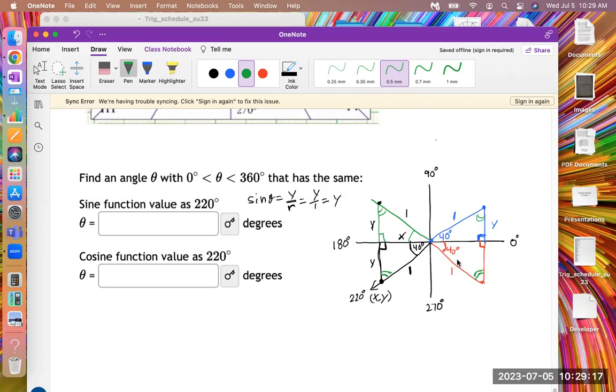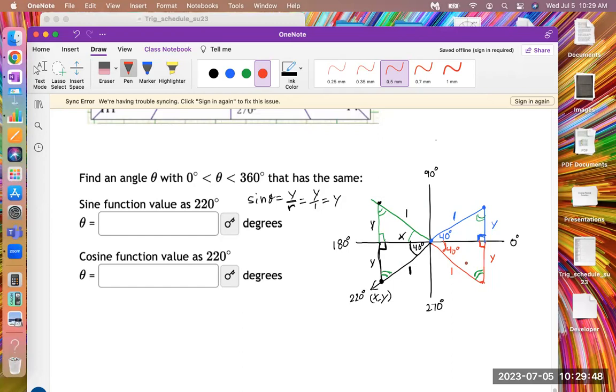Okay, so if we look at this red triangle here, it's going to be exactly the same triangle as the triangle that was formed when we drew a line down to the x-axis from the terminal side of a 220 angle. So the ratio of the sides are going to be the same, and so the sine functions are going to be the same.